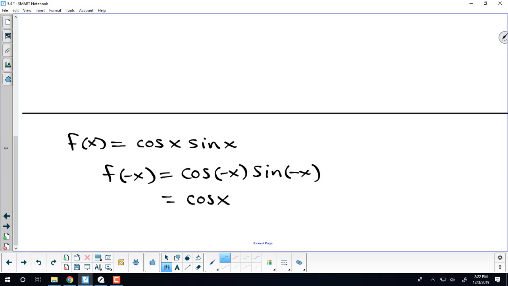Since sine is odd, what's the sine of negative x? Negative sine of x. So cosine of negative x times sine of negative x is really cosine times negative sine, which is the negative of cosine times sine.